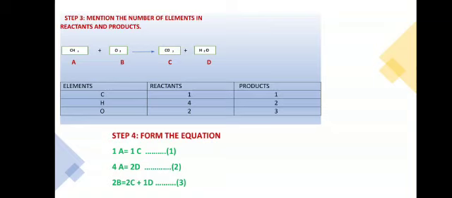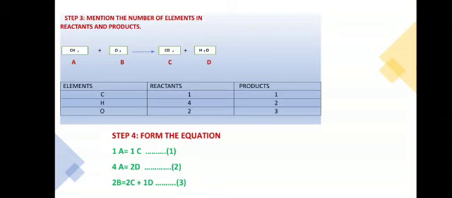Third equation, that is for oxygen. So how to write that oxygen one? Reactants are 2, products are 3. But 3 we have to distribute and write. How to distribute and write? You can see here oxygen 1 with the carbon dioxide and another with the water.